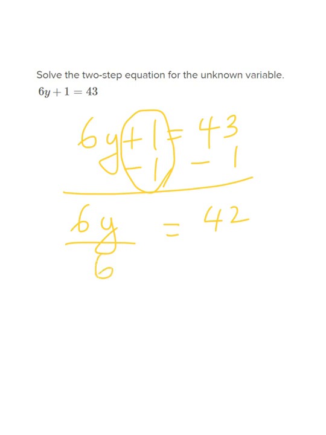Divide both sides by 6. Y equals 7. That's the solution. Should we check it? 6 times 7 plus 1 equals 43. Check.